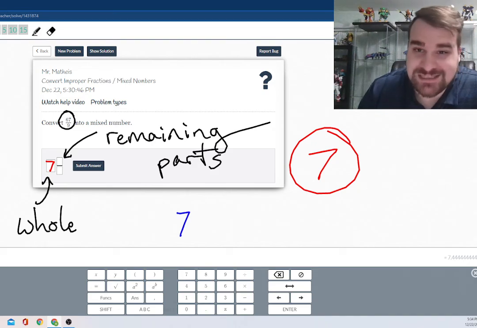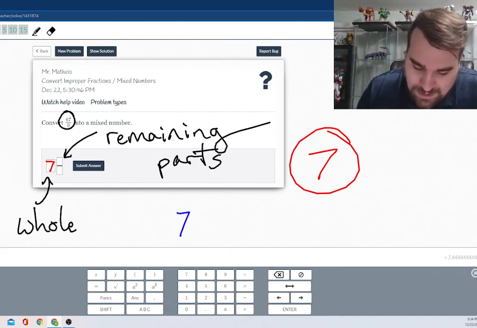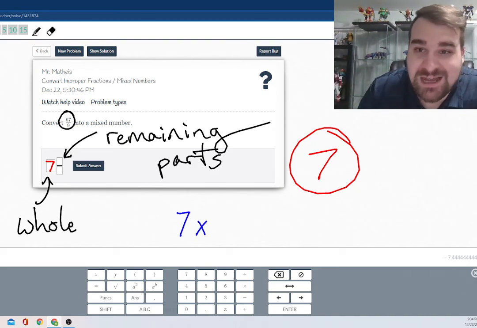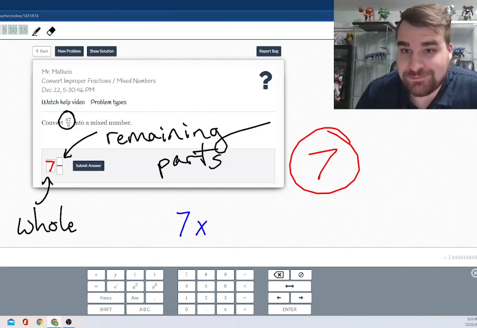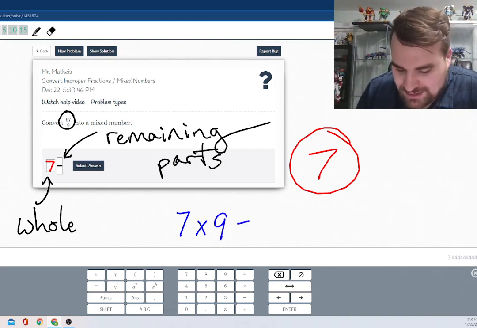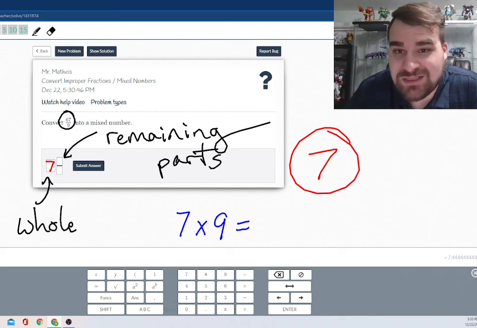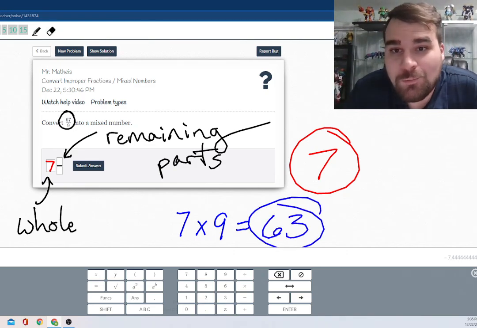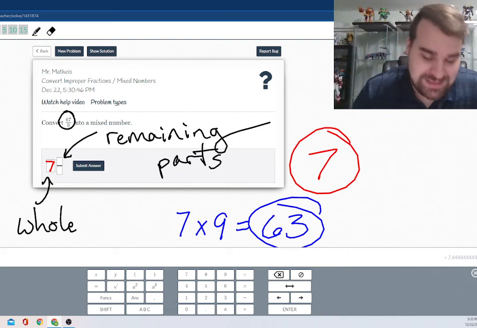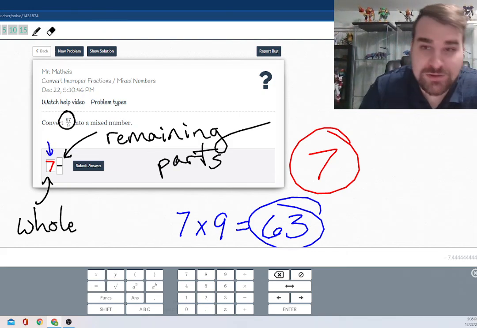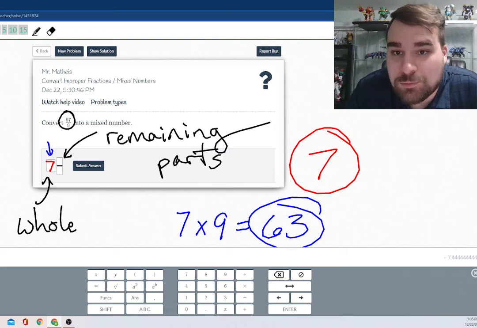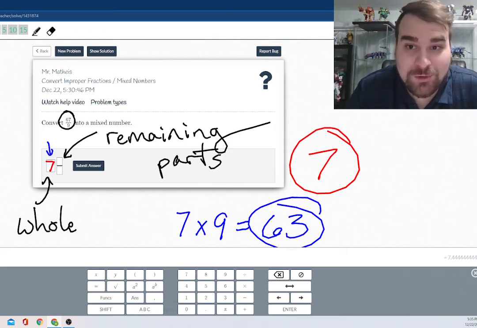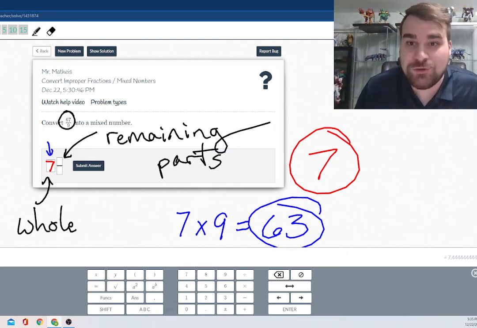But we take that 7 we just found and we multiply it by the denominator, or the bottom of that fraction, 9. So 7 times 9. Now, 7 times 9 is 63, right? Well, that means that 7 whole parts used up 63 of that numerator.